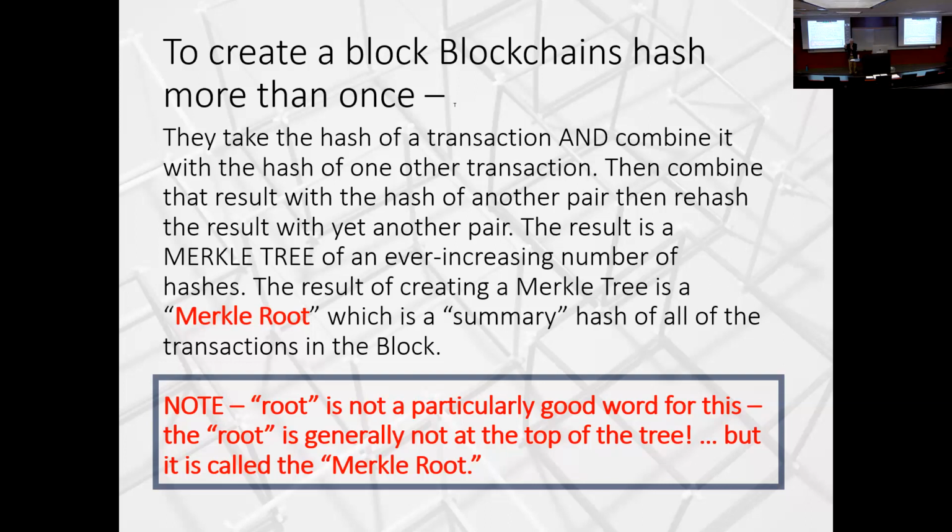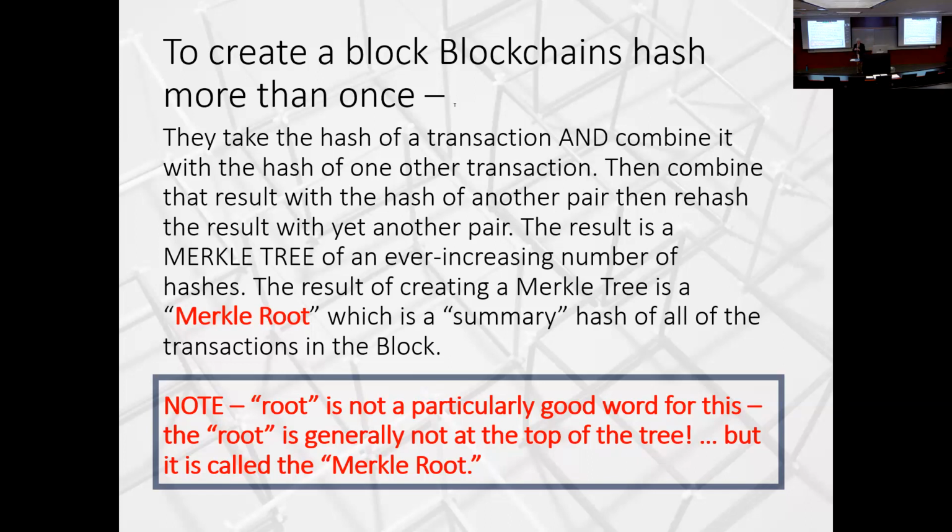And you can do that over and over and over again. And so you have hashes gradually consolidated until you have one final hash for the transactions. And that final hash is called the root.